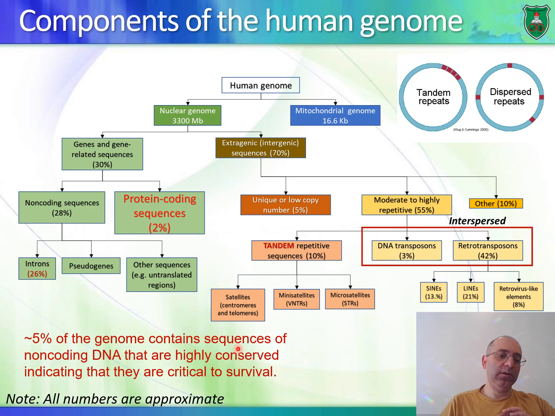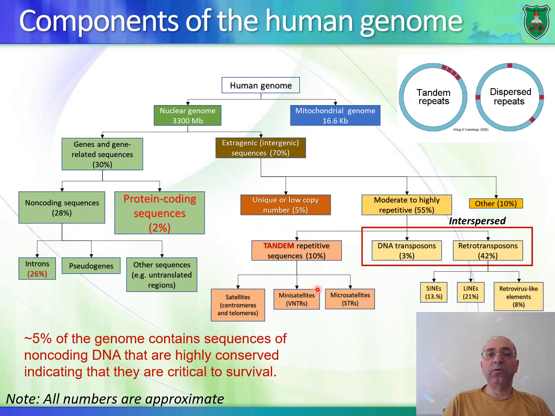Satellite means that they are like on the side, okay? Because these sequences, when they were separated from other DNA sequences, were located separately or in a different position. I'm not going to get into details, but many of them are satellite DNAs, and they are located in centromeres and telomeres. So we'll talk about centromeres and telomeres in a few seconds.